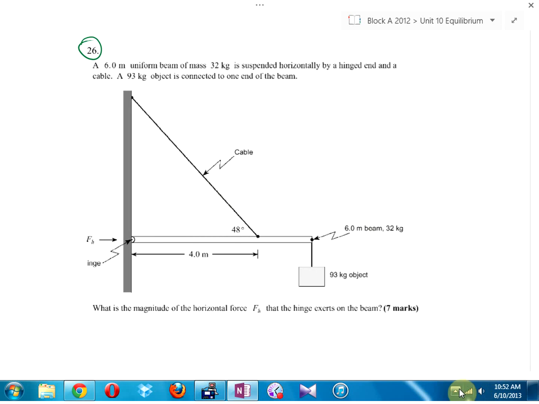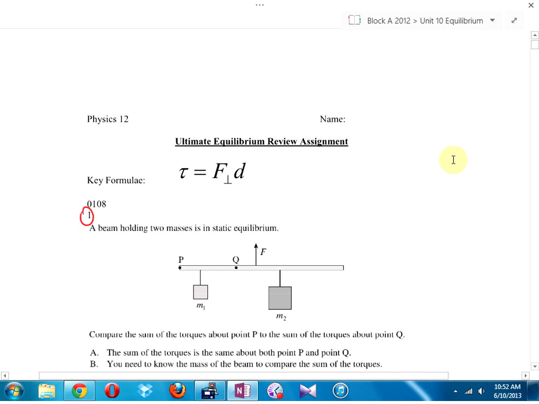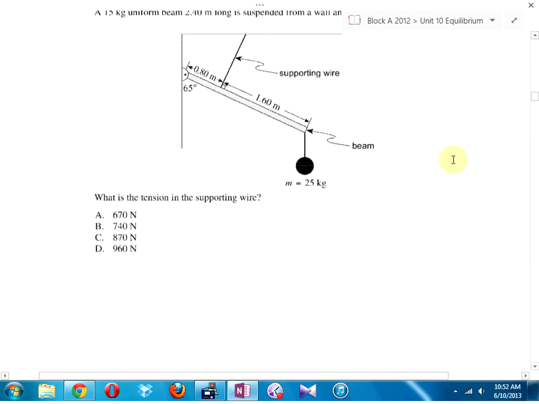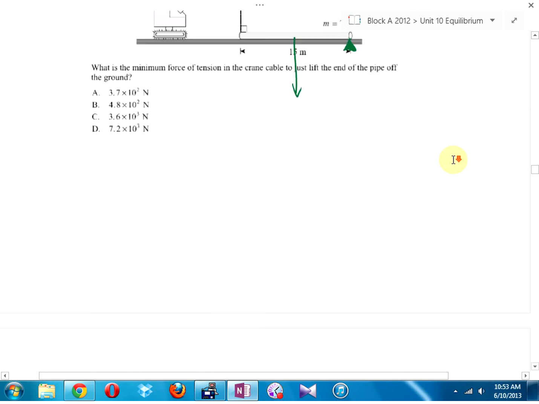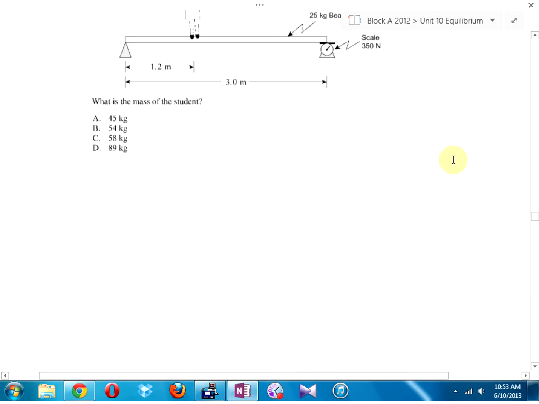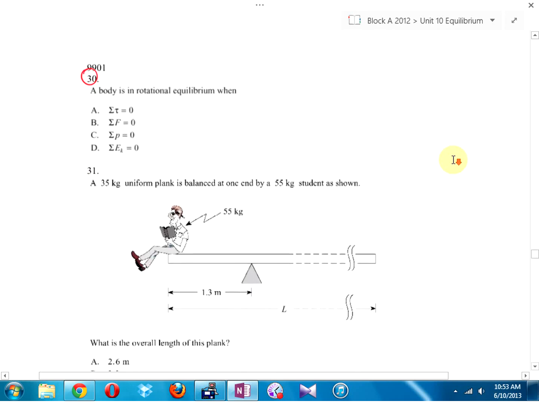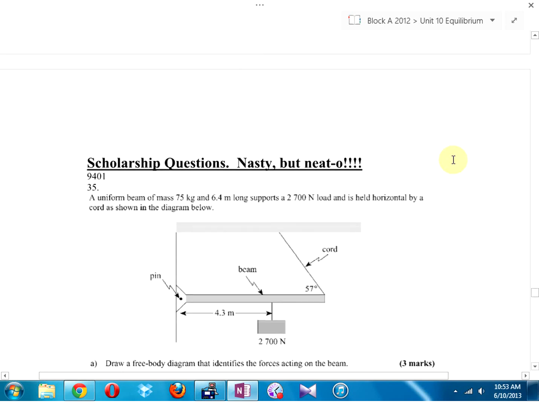So what have I assigned from this grand total? You ready? You can write this at the very top if you want to. I've assigned number 1, 2, 6, 8, 9, 10, 13, 15, 17, 22, 25, 26, 28, 29, 30, and 34.